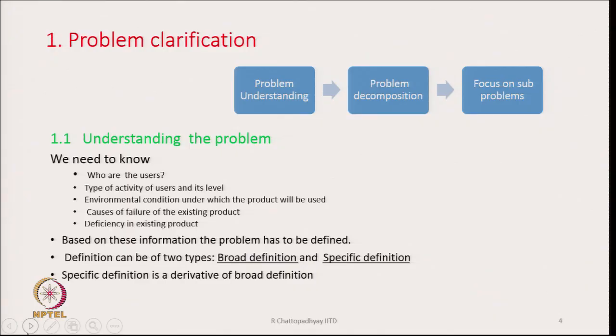That is, we have a definition which is split in two parts, a broad one and some specific definitions. All right. From there we have to now go for the next step. So, in a way the specific definitions can also be said to be derivatives of the broad definition.